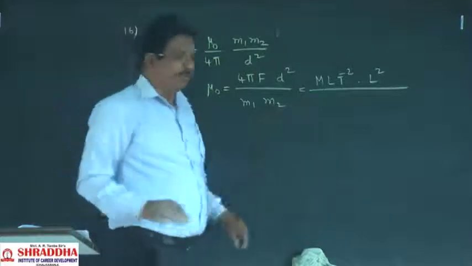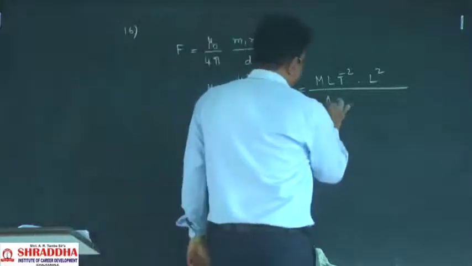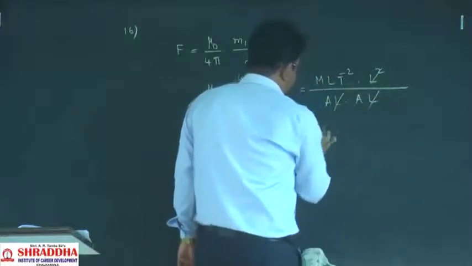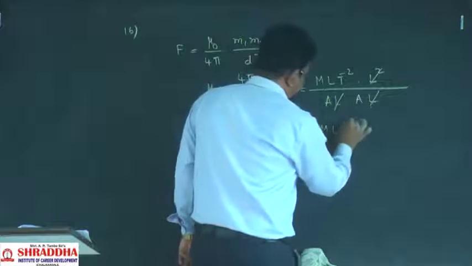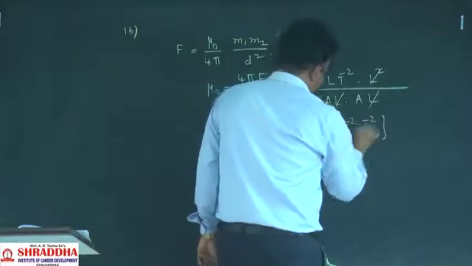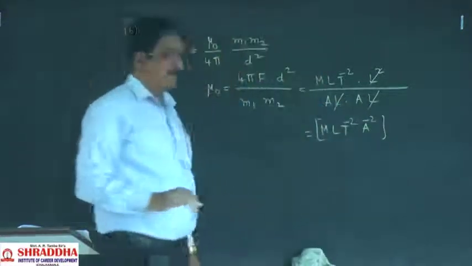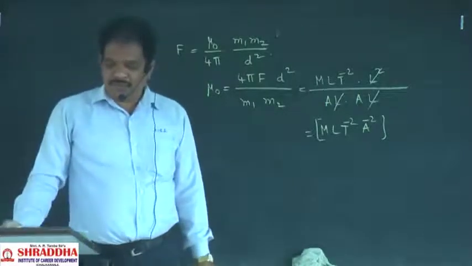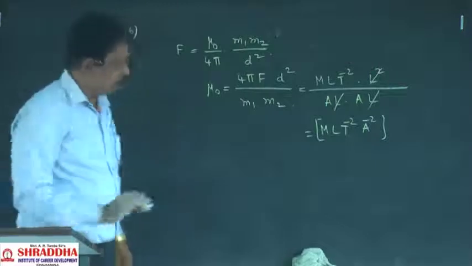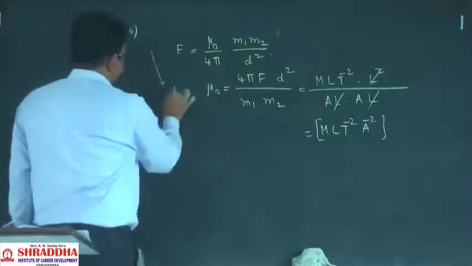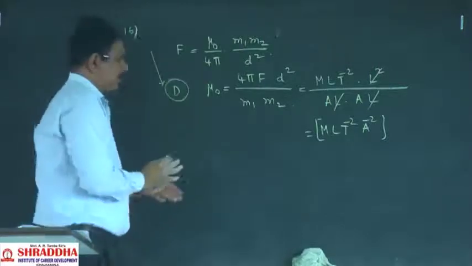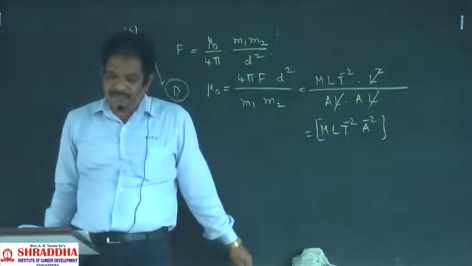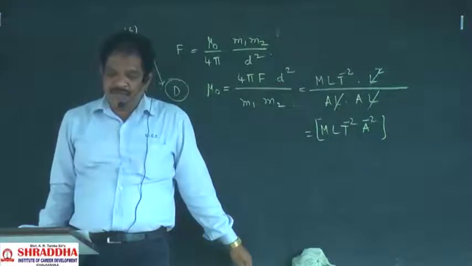M1 M2 is A L. So M L T power minus 2 A power minus 2. M L T power minus 2 A power minus 2, that is the answer to 16. It will be option 2. Clear?